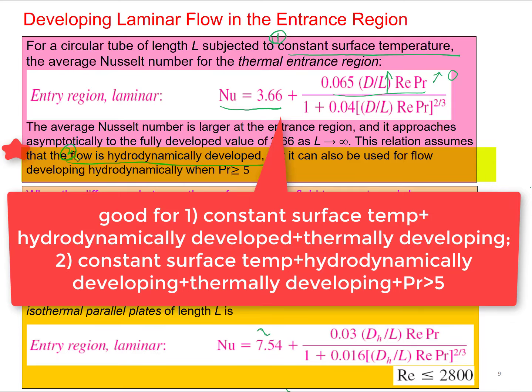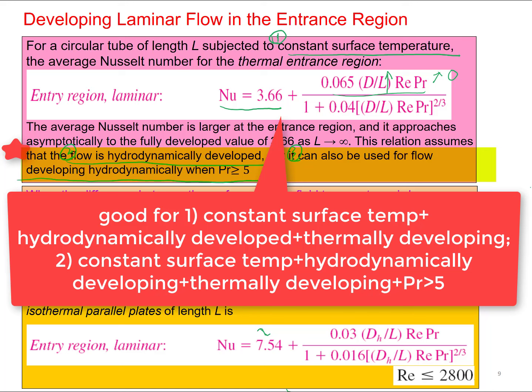So if you have constant surface temperature, hydrodynamically developed, and thermally developing, then you could use this correlation. But this correlation can also be used for flow developing hydrodynamically when Prandtl number is larger than 5. That is, if you have a constant surface temperature, hydrodynamically developing, thermally developing, you may also use this correlation, providing Prandtl number is larger than 5.